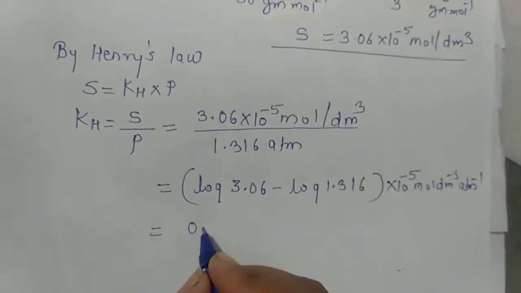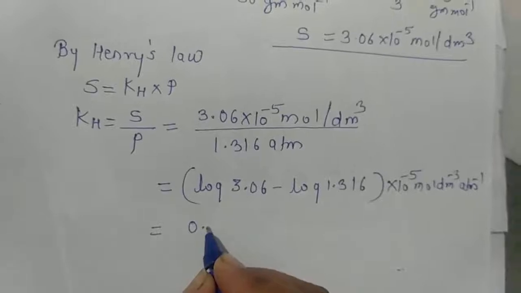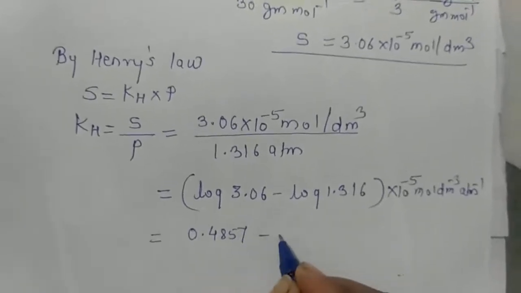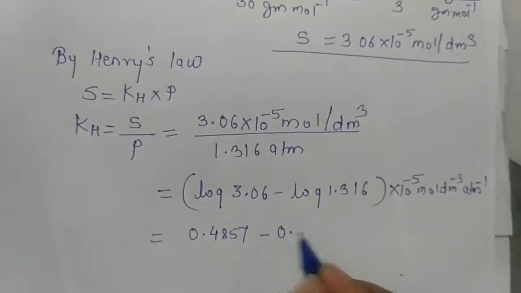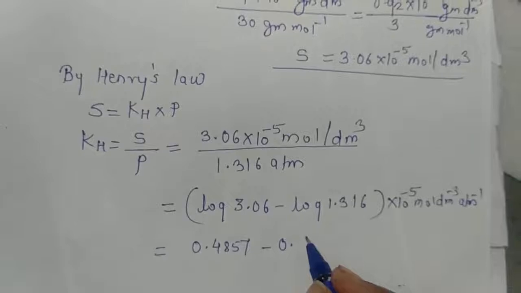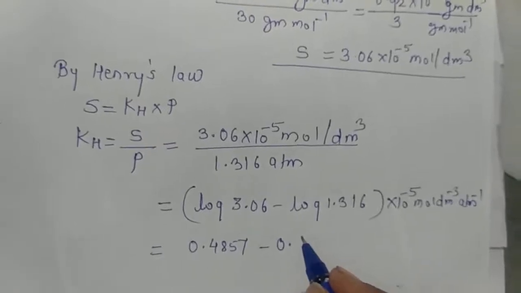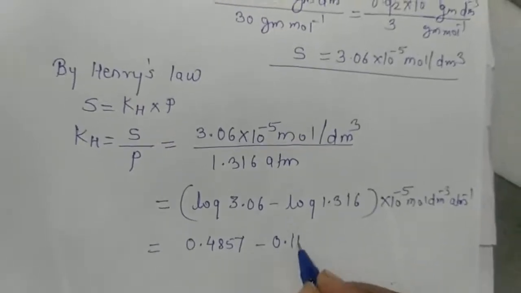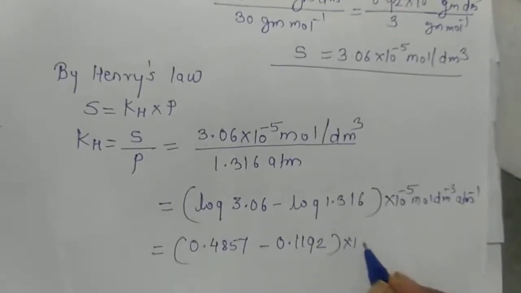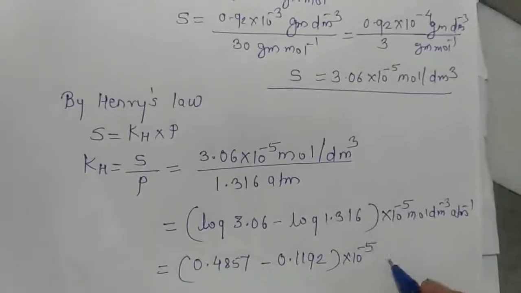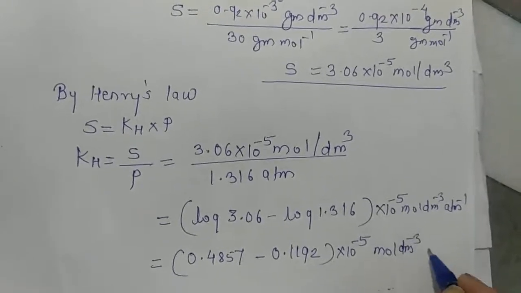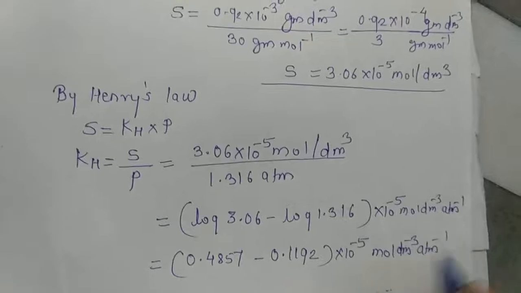Log for 3.06 is 0.4857 minus log for 1.316; here the log characteristic is 0, so log for 1.316 is 0.1192, into 10 raised to minus 5 mole per dm cube per atmosphere.